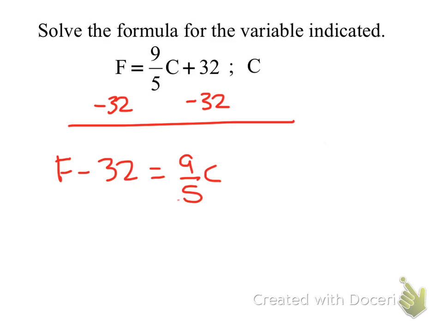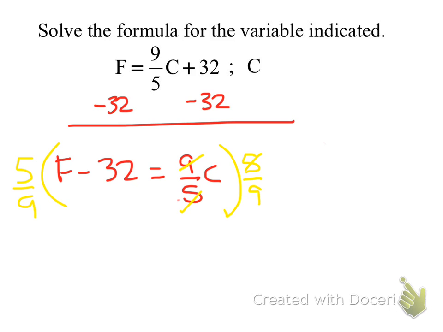Divide by, multiply by 5 ninths. By 5 what? Perfect. I'm going to multiply everything by 5/9. Now, I can just do it like that.